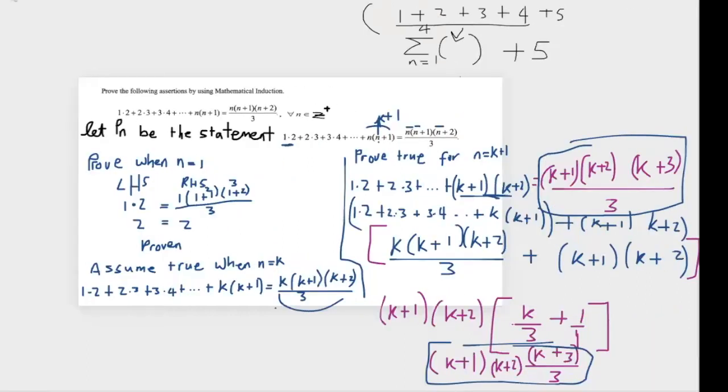We will have our final statement to say, since true when n equal 1 and assumption true when n equal k, and it is proven true that it is true for n equal k plus 1, we can conclude that it is true for all positive integers. And that's how we prove it. And don't forget your statements.